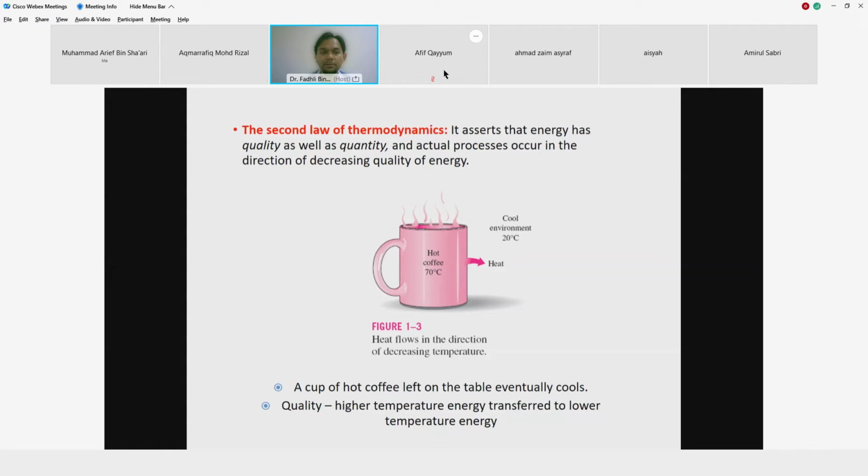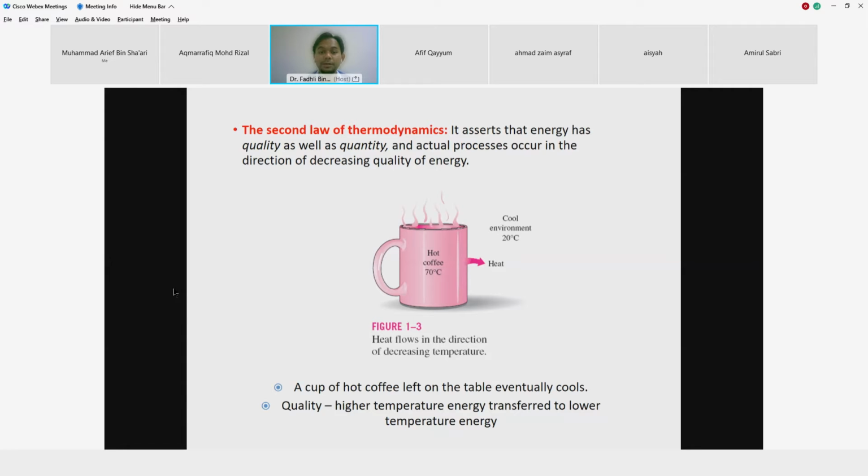Second, the second law stated that actual processes occur in the direction of decreasing quality of energy. For example, heat flows in the direction of decreasing temperature. This is common sense, and we always face this phenomenon in life. You have a cup of hot coffee.